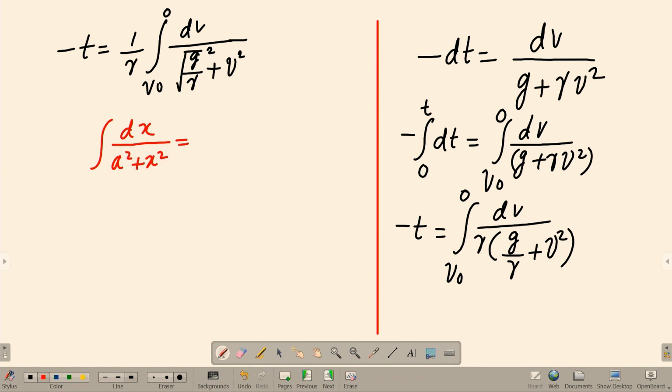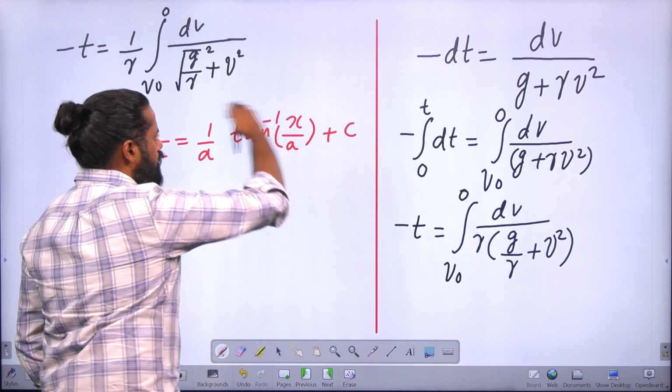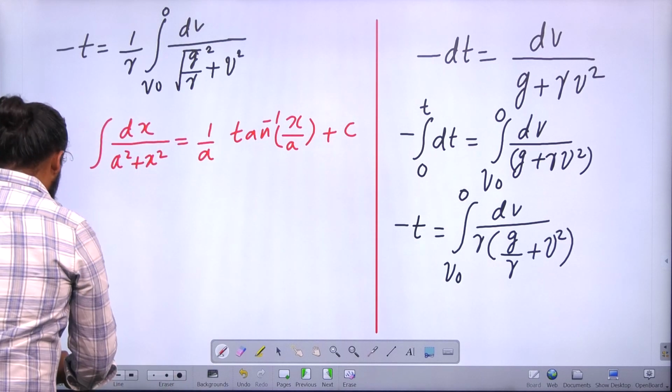What is the answer? This is 1 by a tan inverse x by a, plus maybe a constant. The constant will not come in our case because it is a definite integral and the limit is given. This information is very well known in integral calculus.